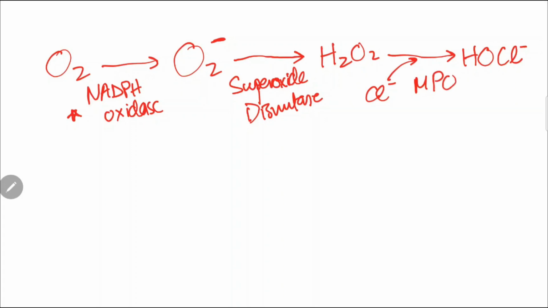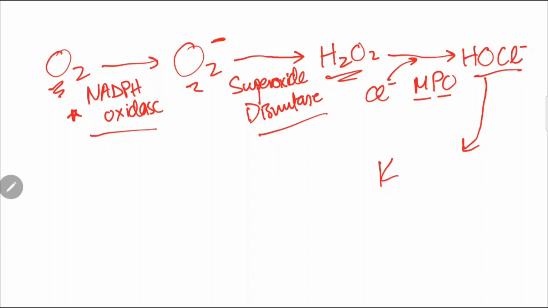Now NADPH oxidase is used to convert molecular oxygen into an oxide radical, and then the oxide radical is converted into hydrogen peroxide by superoxide dismutase, and then hydrogen peroxide is converted into hypochlorous acid by the enzyme MPO, or myeloperoxidase, and then this halide radical, or HOCl, is used to kill the bacteria or the pathogen, and this is a very effective manner of killing pathogens.